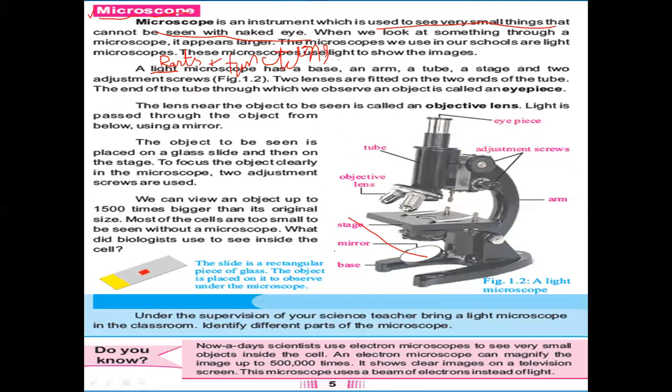It has a base, an arm, a tube, a stage, and two adjustment screws. In addition to this, it also has two types of lenses. One is the eyepiece, another is the objective lens. Why is it called the eyepiece?